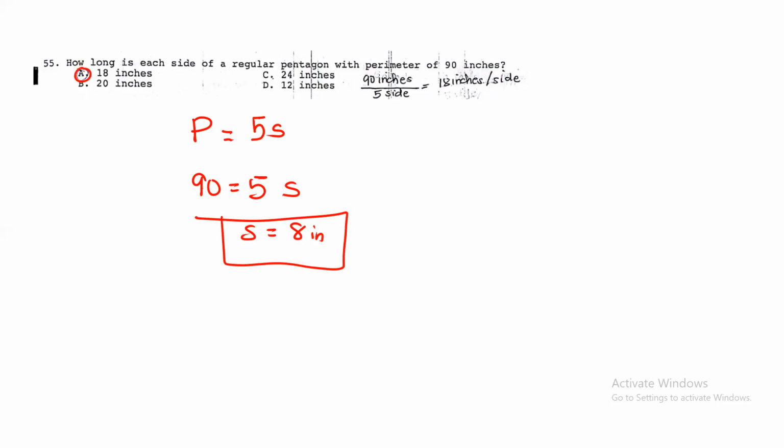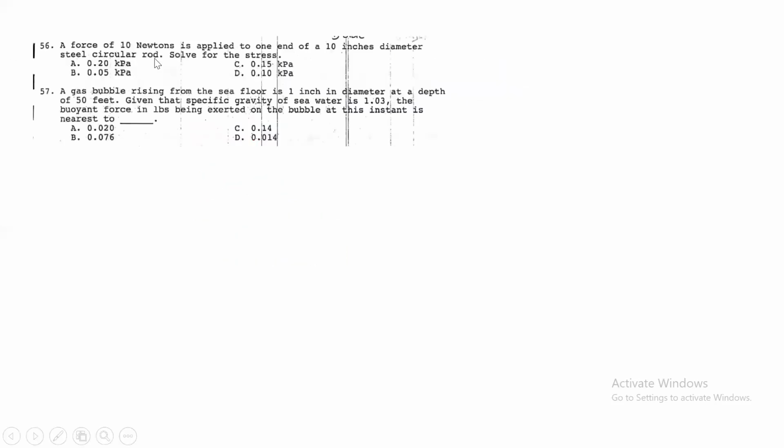The next is 56. A force of 10 newtons is applied to one end of a 10 inches diameter steel circular rod. So solve for the stress. So medyo madali lang din tong 56. So stress is equals to force over area.